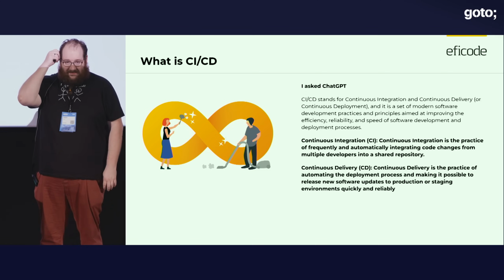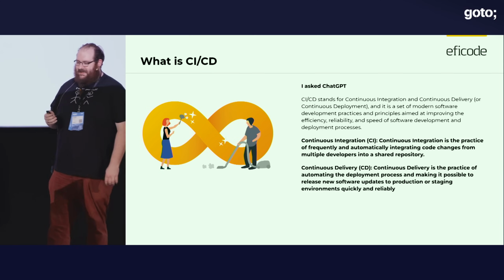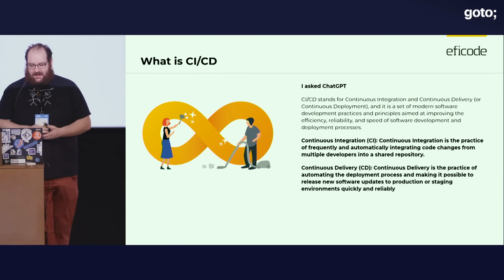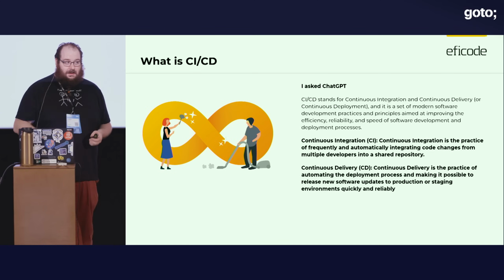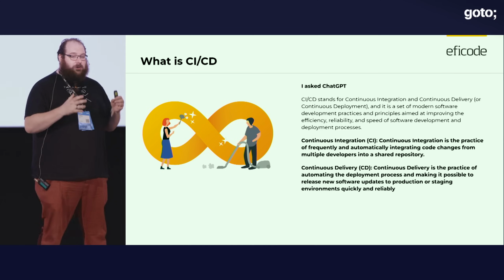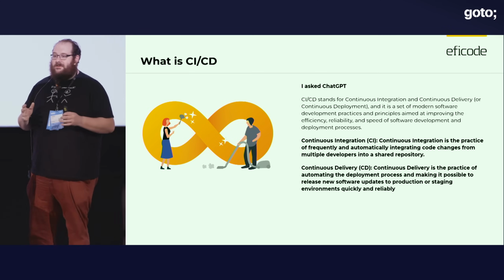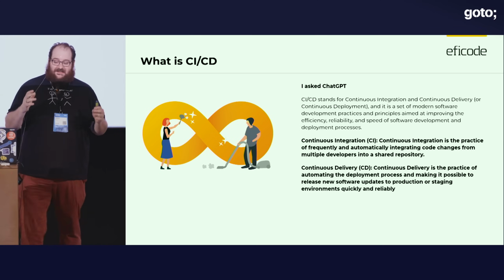But CI/CD, I want to simplify from this. CI/CD is a way of putting things in places. This is a huge simplification, but CI/CD is what exists between your coders and the places they're putting code. And what we want to map is the attack surface of everything that exists between.